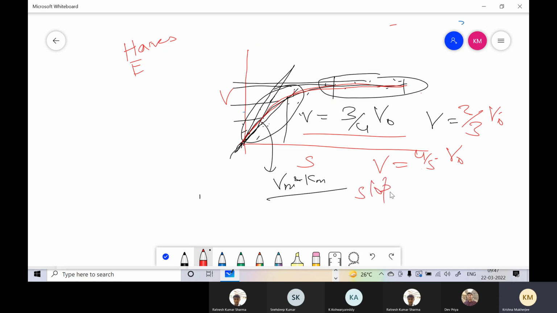Can these slopes then be used to determine V max and K? Notice that the tangent here has a slope of, what is the slope? V max by K. I hope you know this.